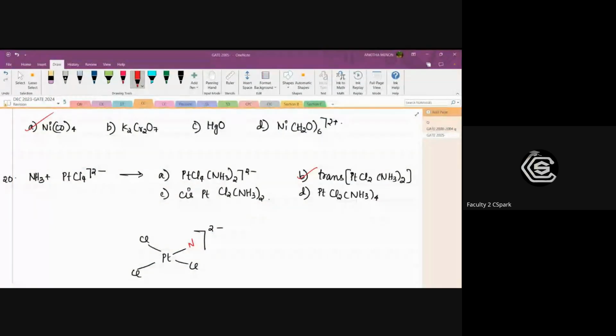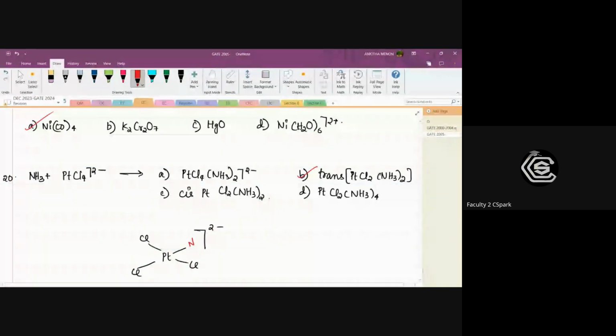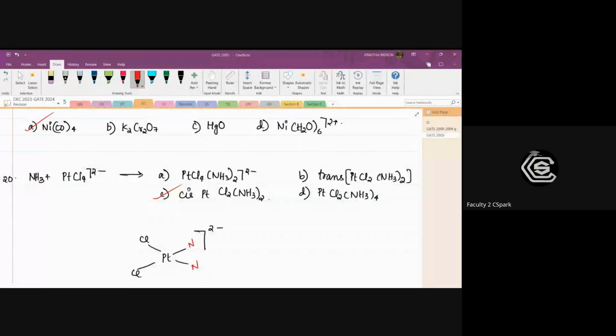Okay, it is B, not C. One minute. No, it is option C. Not trans, it is cis. My mistake, because in the trans effect series chloride is stronger. Cis is what will come. Sorry, my mistake.